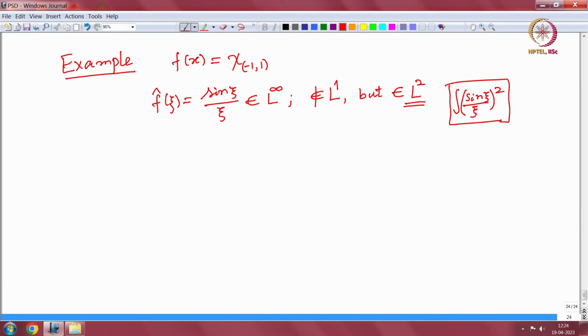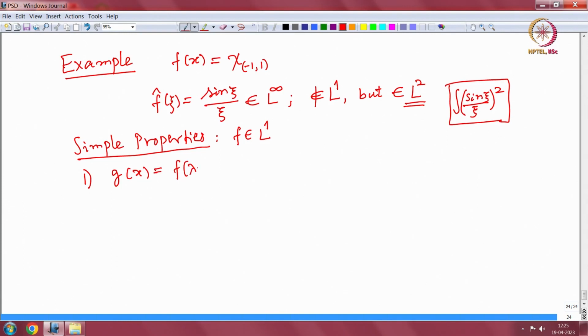Some simple properties, directly from the definition, very easily verifiable. The first one: again f is in L1, let me not write it all the time. You define this. Scaling, dilation.